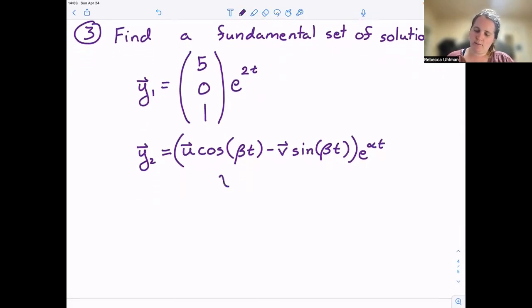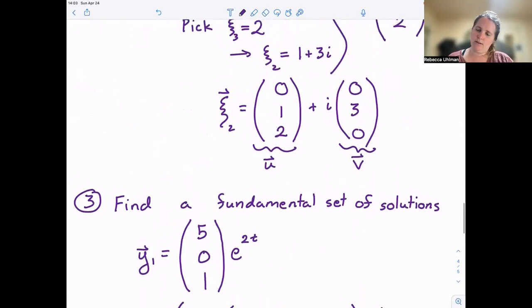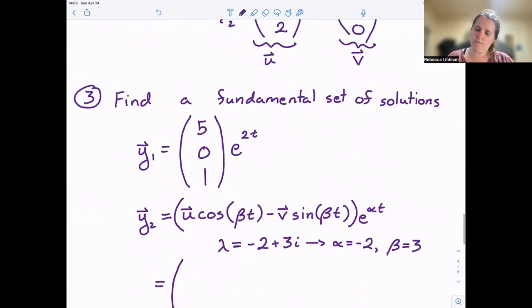We had lambda was equal to -2 plus 3i. So we have our alpha is -2 and beta is 3. u and v we just quoted previously. So u is 0, 1, 2.